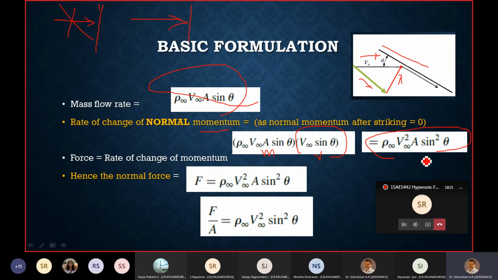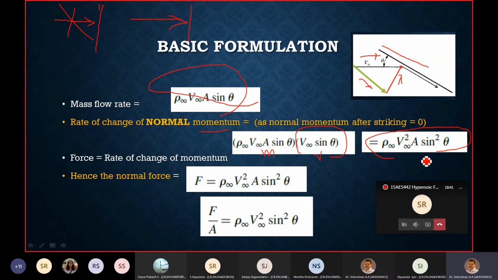Obviously this can be considered equal to the force, by the second law: the rate of change of momentum is equal to force. So the normal component of force is F equal to rho infinity V infinity squared A sine squared theta.